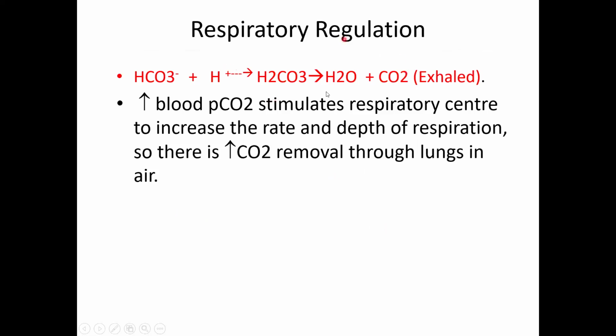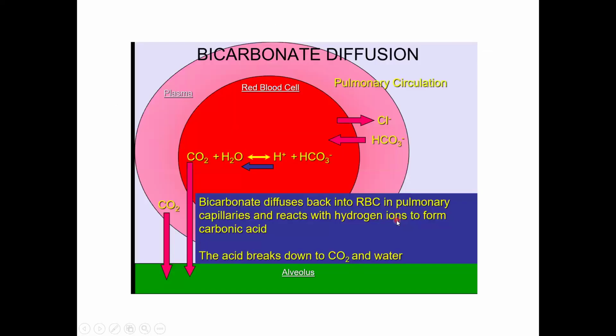So this is the respiratory regulation, as I told you: formation of carbonic acid and dissociation into carbon dioxide for exhalation. Increased partial pressure of carbon dioxide stimulates the respiratory center, and in this way the rate and depth of breathing increase. This is the opposite process, showing how kidneys compensate and how carbon dioxide is exhaled out.